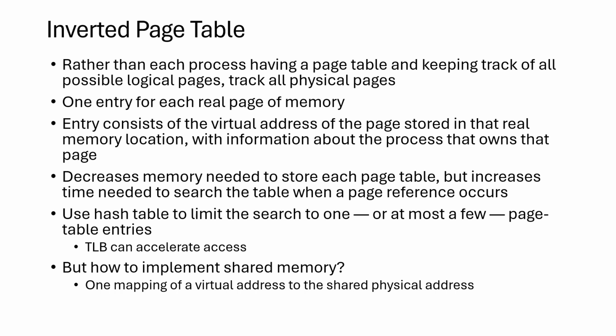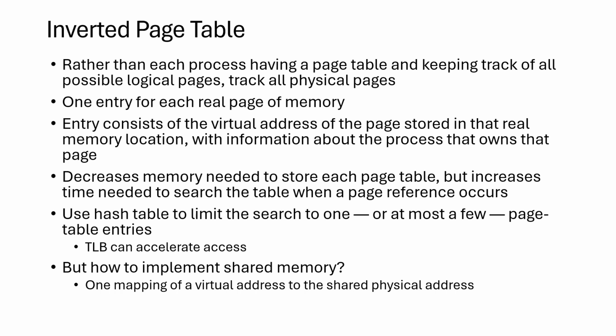Inverted page table: rather than each process having a page table and keeping track of all possible logical pages, track all physical pages, with one entry for each real page of memory. Each entry consists of the virtual address of the page stored in that real memory location, with information about the process that owns the page.